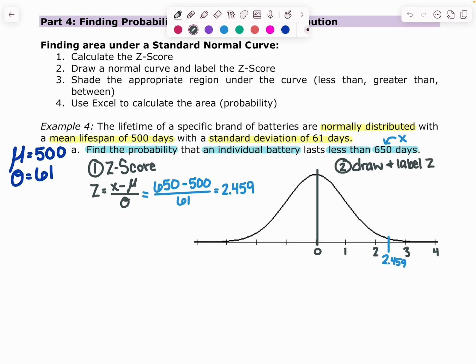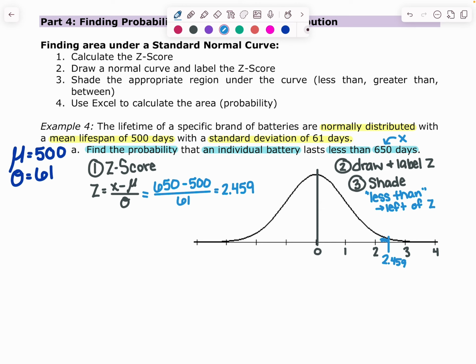So now step 3 is to shade the curve. And our shading is based off of the words less than. So we want to shade everything to the left of our z-score.